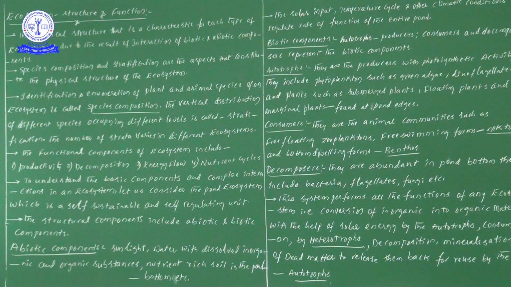For example, trees occupy the top. Next, herbs and shrubs: shrubs are in the second layer, and herbs or grasses occupy the bottom layers, as I explained before.